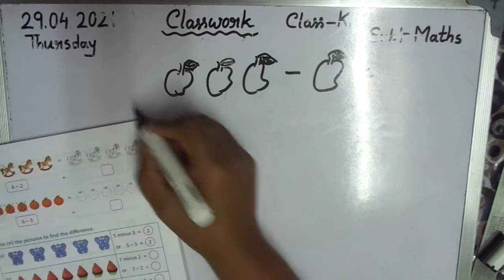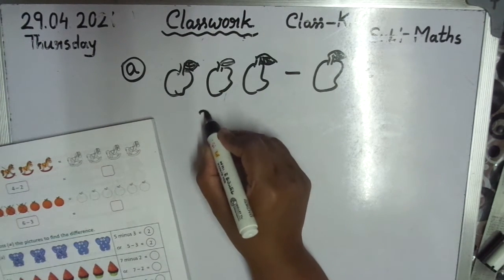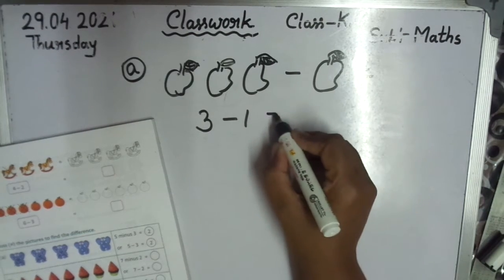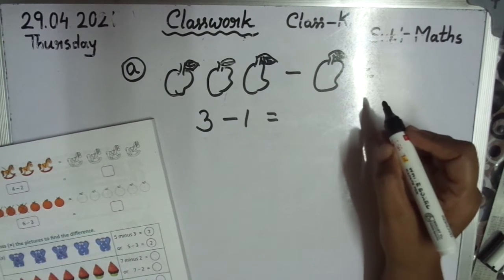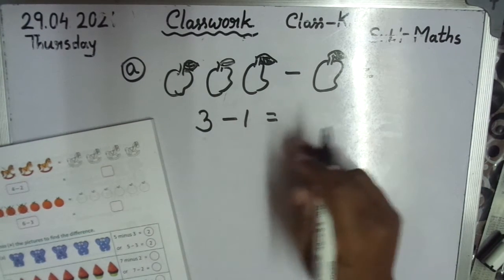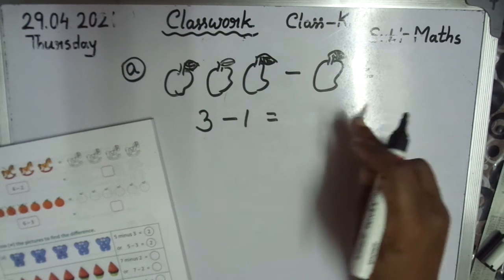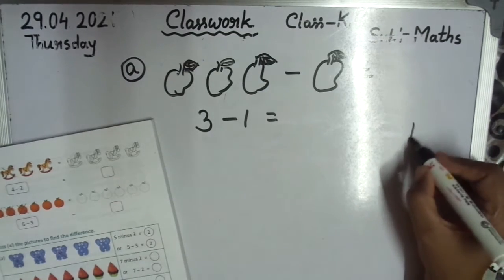Now children, question A. Now I write here the question: 3 minus 1. Same question. Okay. So 3 minus 1. Subtract. 1, 2, 3.